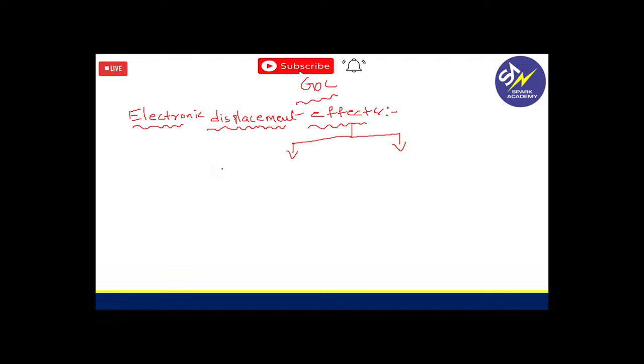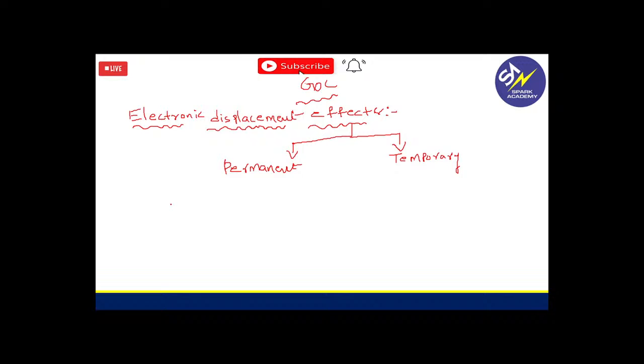One is permanent effect, second one is temporary effect.